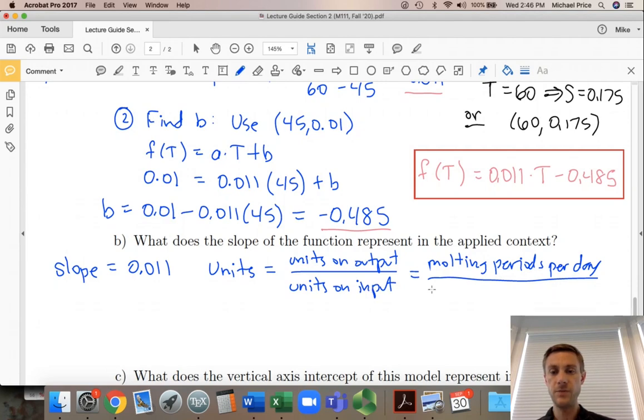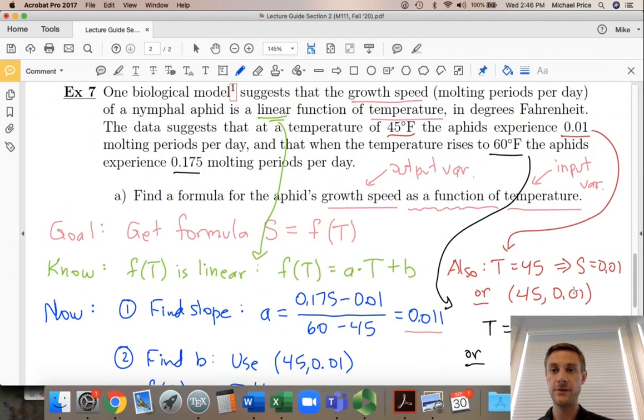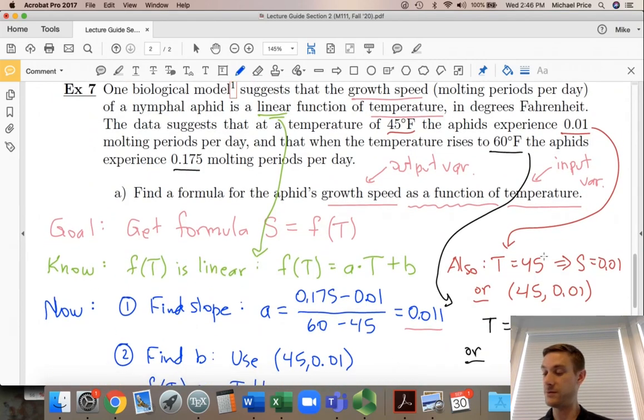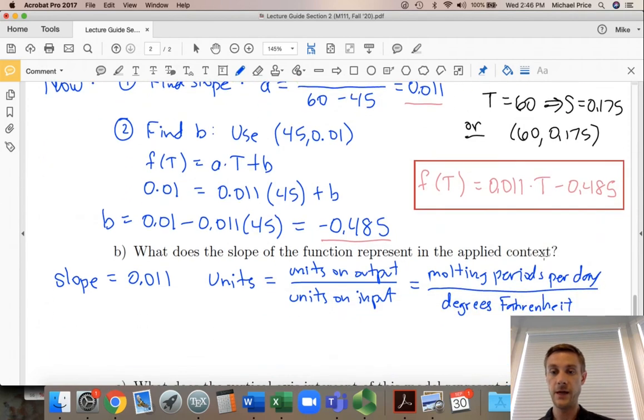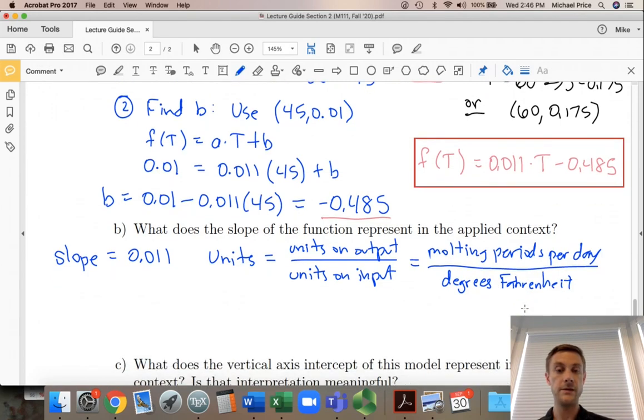And then the units on the input, this was temperature, so this was degrees Fahrenheit. This will be a test to see if I can spell Fahrenheit. Probably not. I think I spelled it up here correctly, so let's double check. Hey, maybe. It's certainly possible I spelled it correctly. Okay, so this is a weird set of units. Molting periods per day per degree Fahrenheit. Yikes.